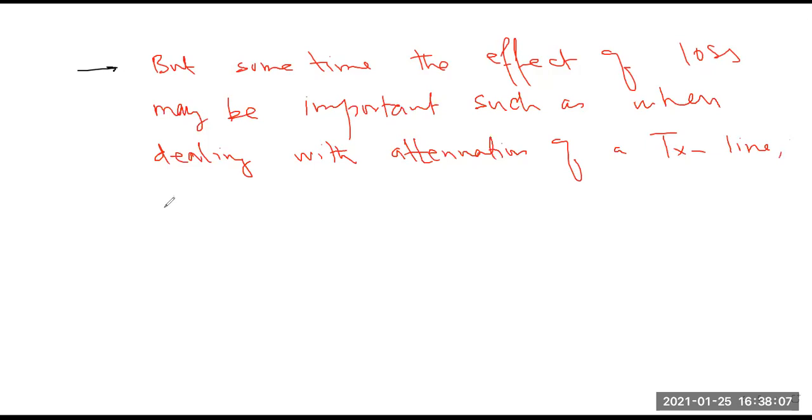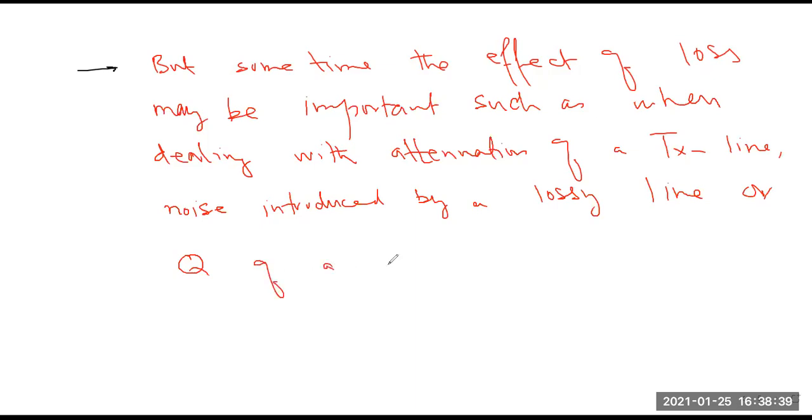Sometimes you also need to find out the losses because the effect of loss of a transmission line manifests itself in terms of noise. So noise introduced by a lossy line, or sometimes we need to find out something called quality factor, which is abbreviated as Q factor of a resonator circuit.